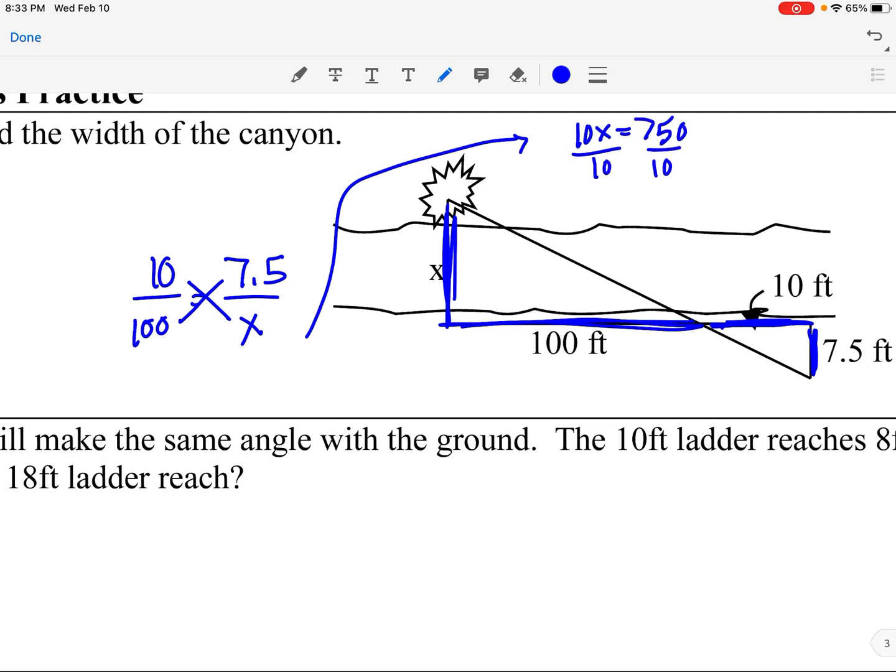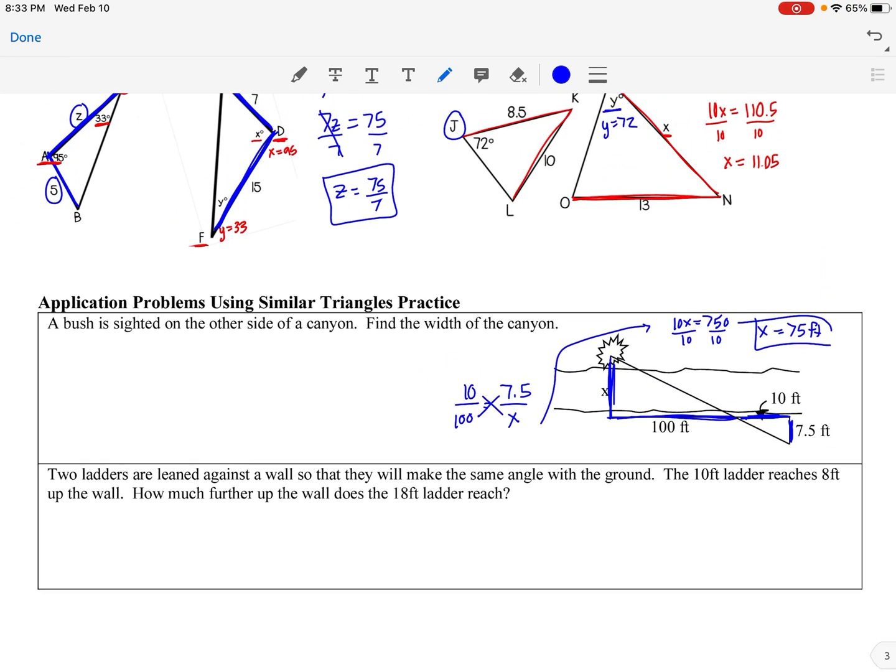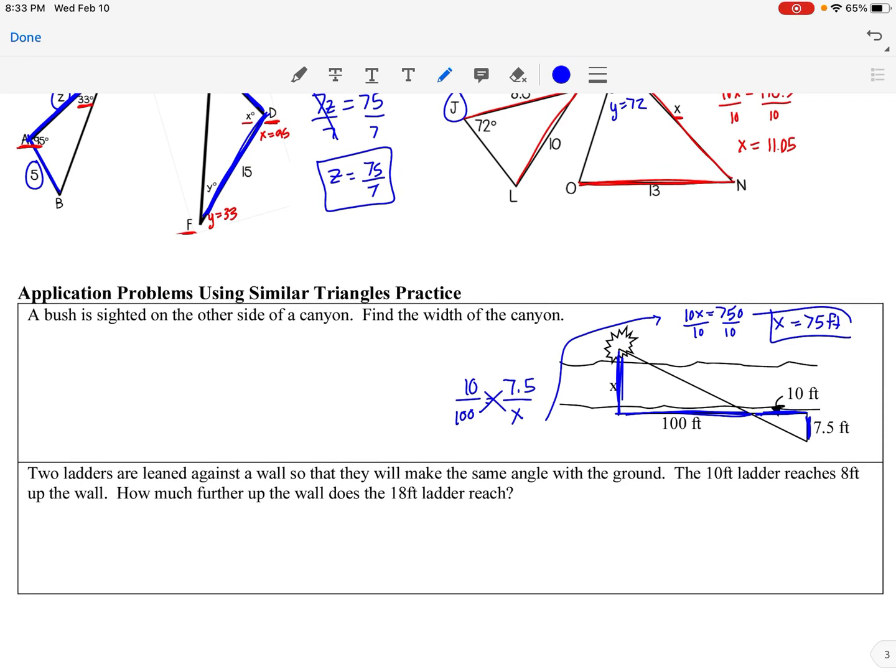And then we can divide by 10 on both sides, and we get x equals 75 feet. So this canyon is 75 feet across. Okay, go ahead and pause and read this very last one, and then see if you can come up with your pictures, your similar triangles, and then hopefully you can solve and answer the question it's asking.